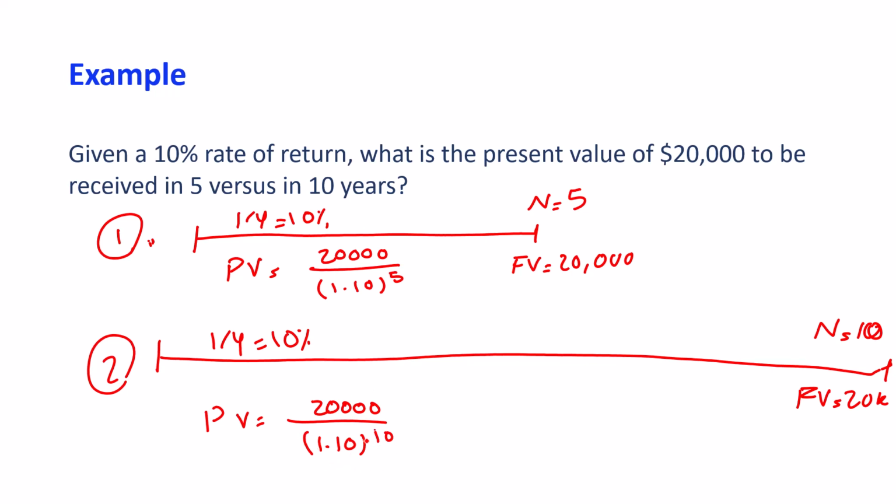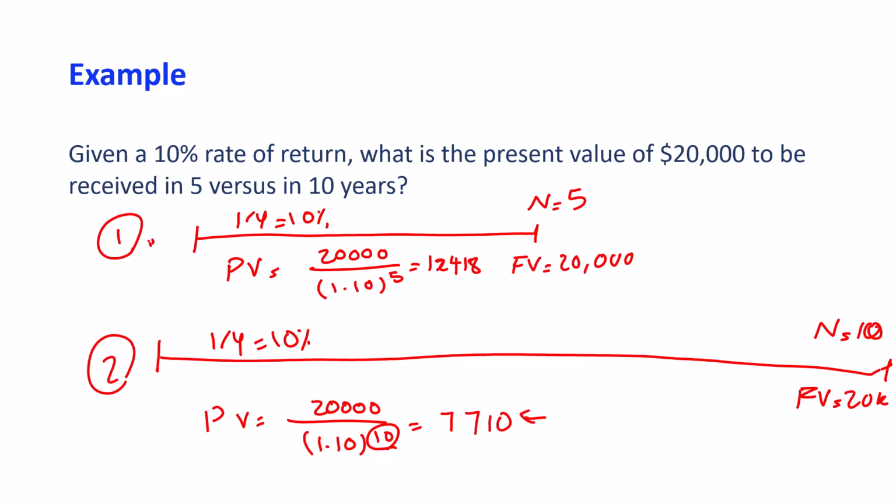Because you're doing it for 10 years, your denominator is going to be significantly larger than what you have for 5 years. So in the first case, you have 12,418, and in the second case, we have 7,710. Because you receive this $20,000 further in the future, 10 years compared to 5 years, the present value is going to be much smaller.